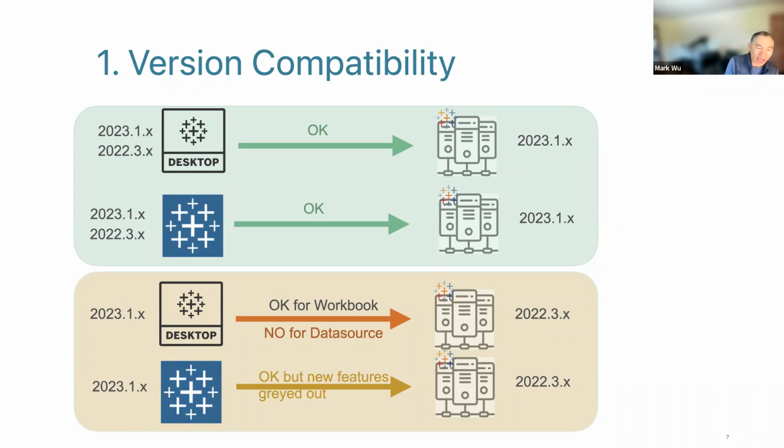If you have a higher version Prep, it's okay to publish. Tableau allows you to publish, but grays out all the new features not available on the server yet. During publishing, it does highlight to you that some of the features will be grayed out, which is good. I'm talking about from a high version Prep to a low version server.